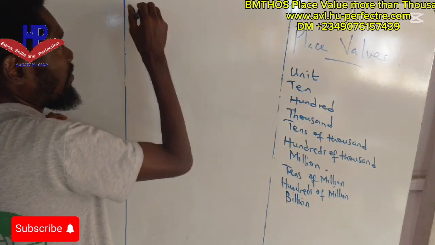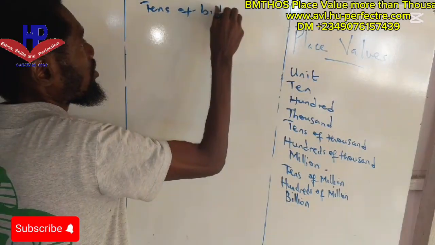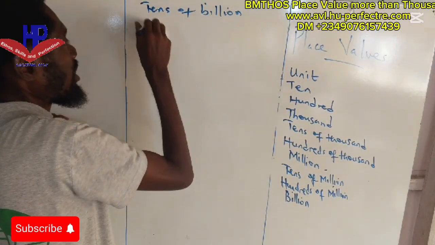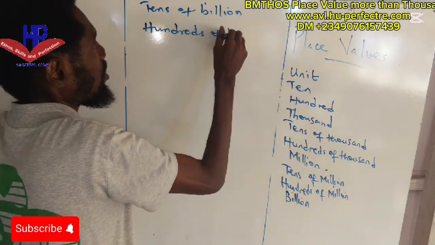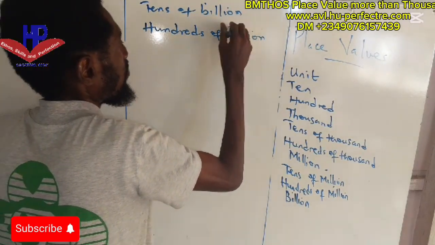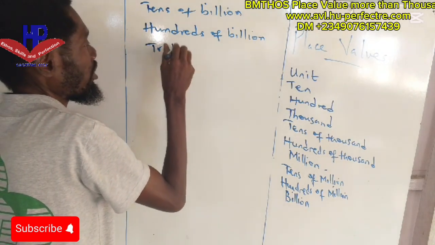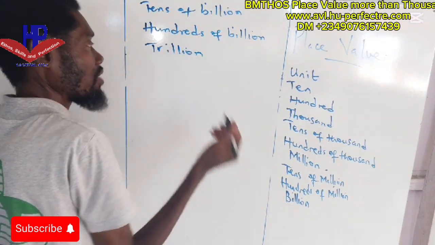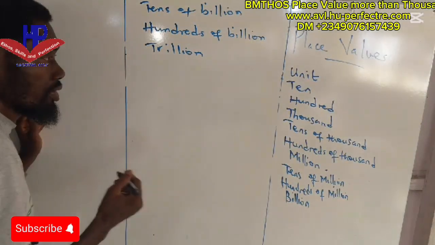After billion, we have tens of billion. After that, hundred of billions. After that, trillion. Then we have tens of trillions, hundred of trillions, in that order.